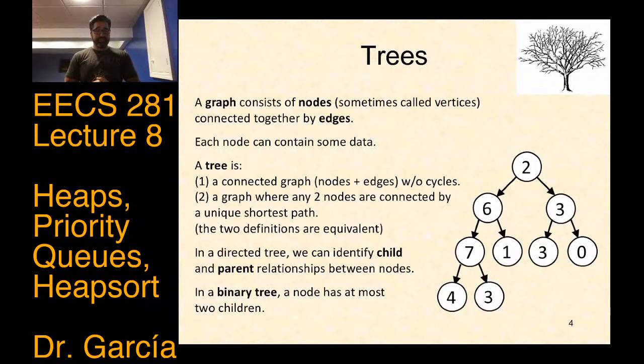And furthermore, we're going to be looking at binary directed trees, which means that a node has at most two children, right? So a node can either have no children, one child, or two children, but not more than that. Okay, so those trees are pretty much a review.